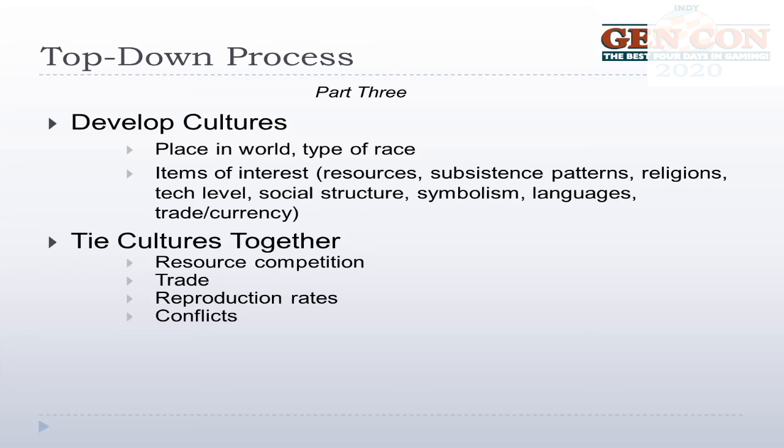But that's the place you start. You start with a culture, which is this shared set of beliefs, shared language, shared expectations. Very important, because that's going to help add that consistency to your world. It's also something interesting for your players to learn about, not just your player characters, but your players.